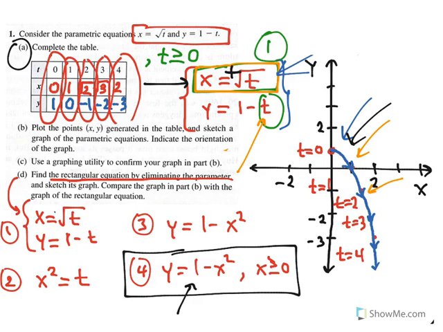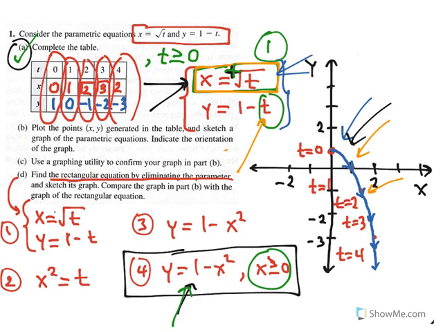But considering the restrictions for t for the original set of parametric equations, and considering that we were taking the positive square root of t to get x, we know x has to be greater than or equal to 0, so that when we graph this rectangular equation, it would match the graph that we had earlier obtained by doing part A.